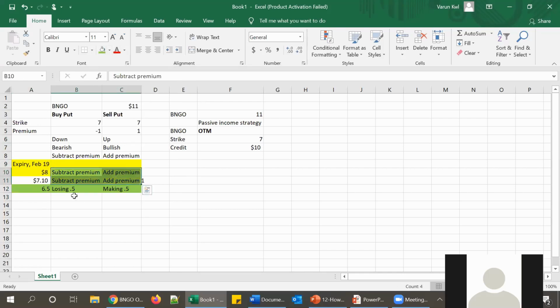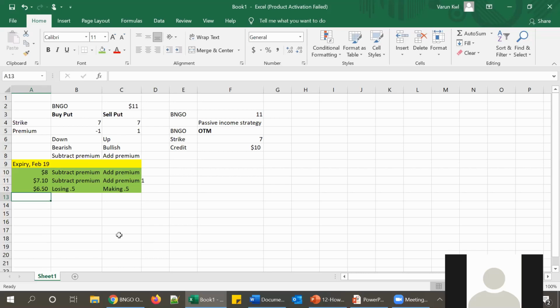Yeah, because it didn't come down below 7. So the seller of the put is making the money. Below 7 or below 6? Below 7. But 6.5 is below 7. Okay, because you're saying below 6 in this case, because the premium price is actually $1, so it really has to go down less than $6 for a buyer to make the money.